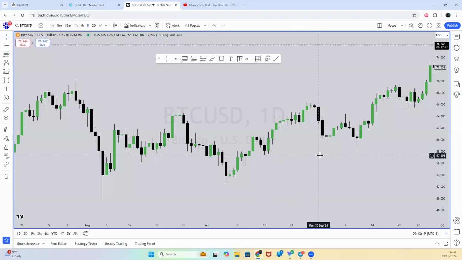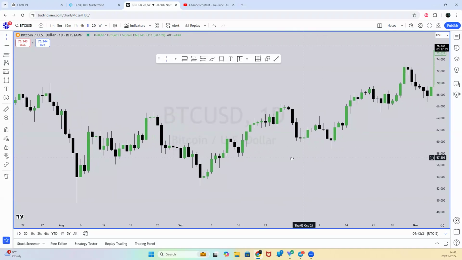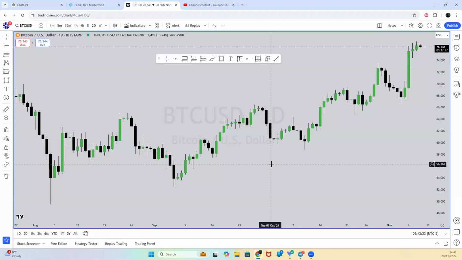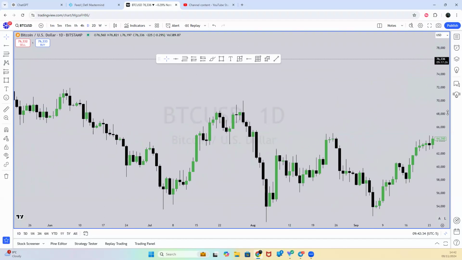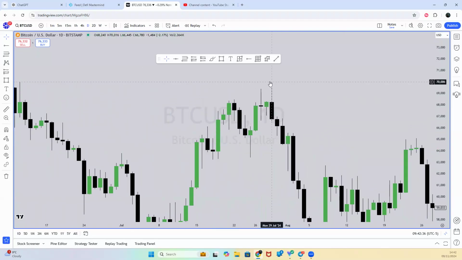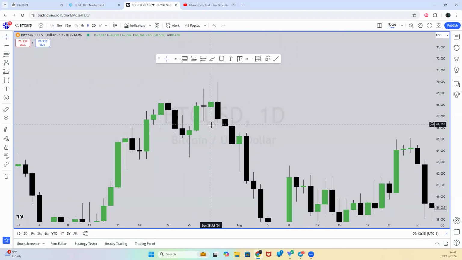An engulfing candle essentially engulfs the open, high, low, and close of the previous candle. So let's see if I can see one on the chart here. This one that we highlighted with a long wick is actually an engulfing candle as well, because it engulfs the entire price action of not only one but the two candles preceding it.